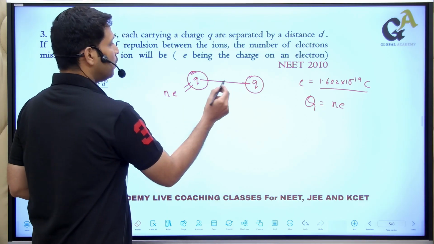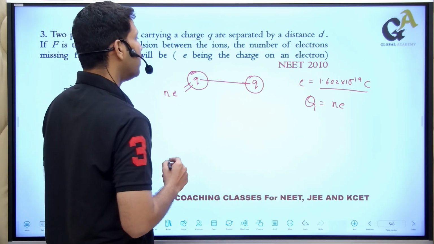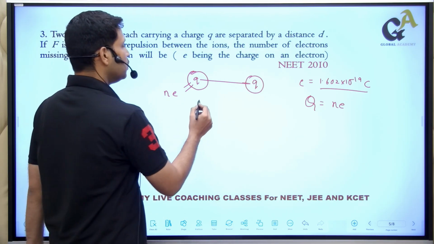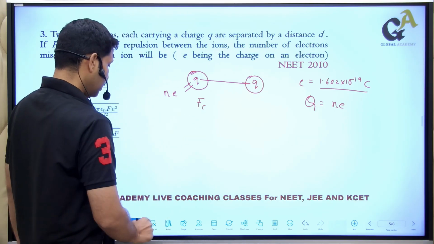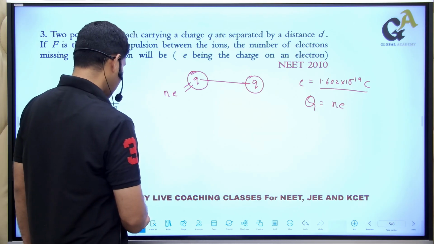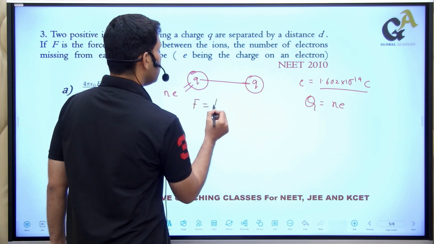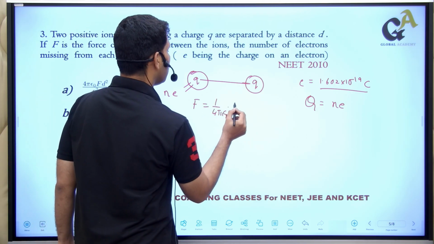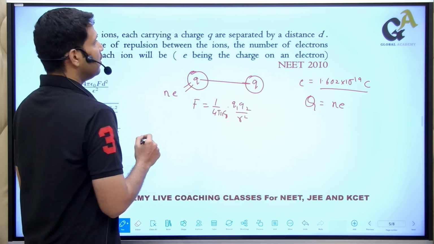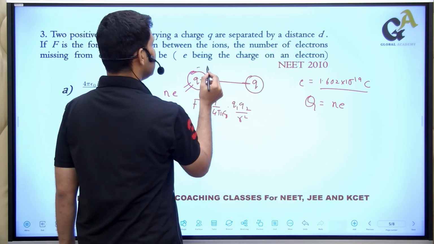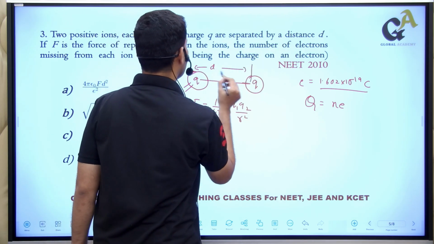So according to the electrostatic force of attraction or repulsion, I can write the force can be written as F is equal to 1 divided by 4 pi epsilon naught into Q1 Q2 divided by R square. Suppose the distance of separation in this case is D, which is given in the question.